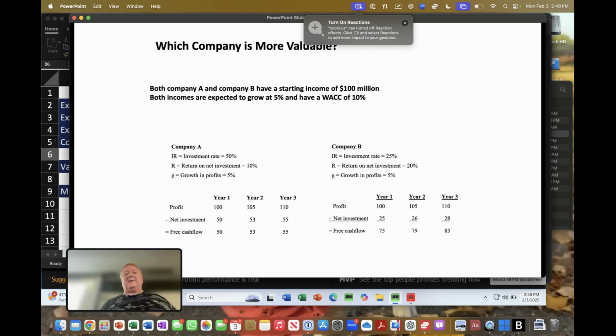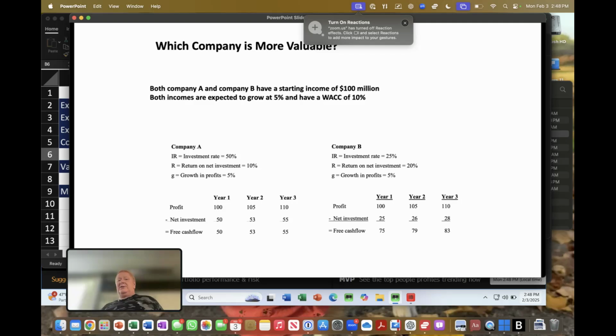Next slide. So this slide represents the case study you just did. That was the data on this slide that started the Excel model I gave you. And using the key value drivers, we valued it. So we said, okay, we've got two companies, A, who we just introduced, and B, here.